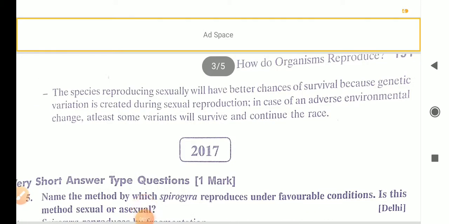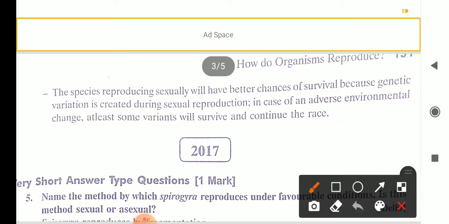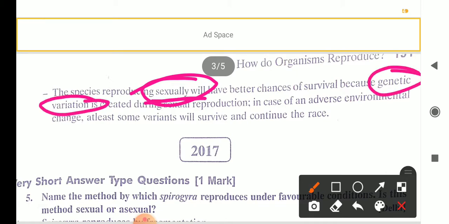Now see the next part of the question. It is asking which has the better chance of survival. It is very obvious that sexual reproduction has the better chance of survival due to genetic variation. In sexual reproduction genetic variations are caused which may help in the survival of the organism.